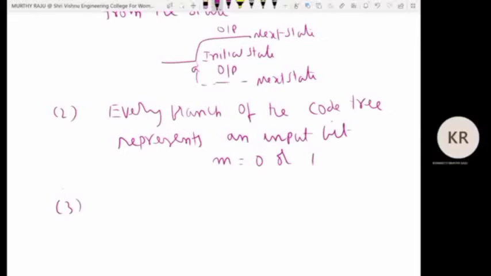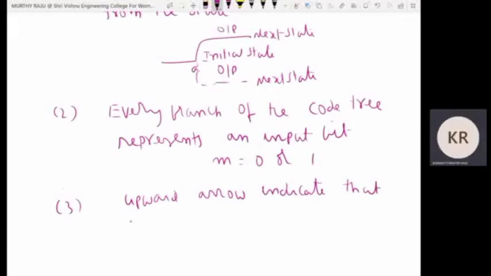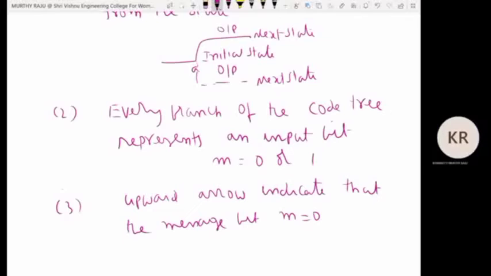Third one, upward arrow indicates that the message bit is equal to 0.